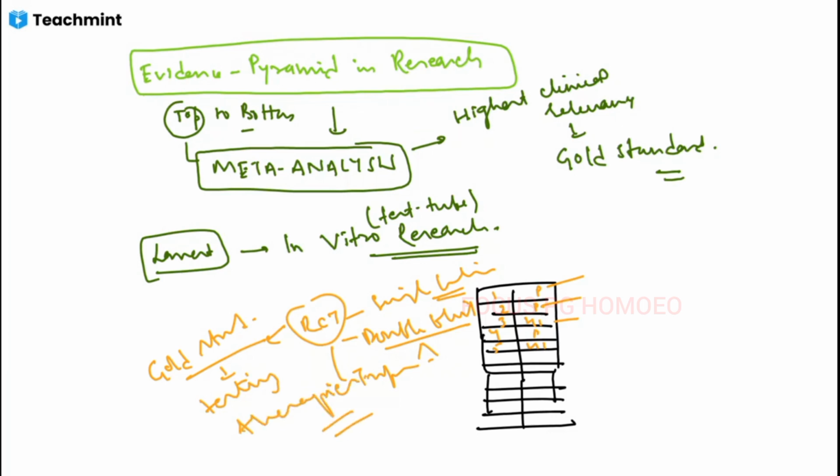Okay, so this is about the evidence pyramid. Next, we have types of bias in research. Here we are going to study only the important ones, not every type. These are the few biases which they used to ask you repeatedly in the exam.